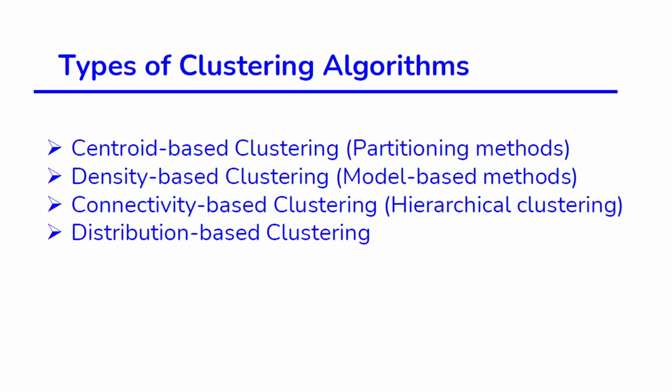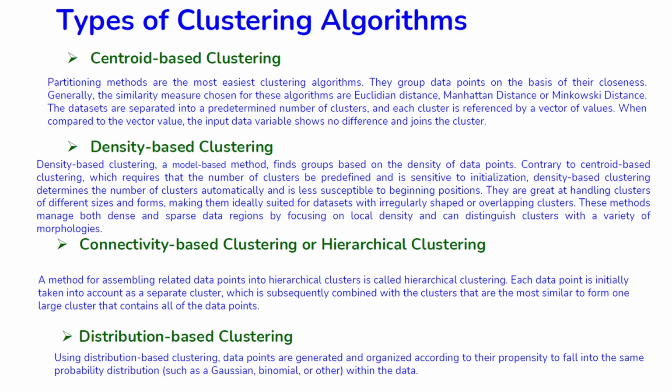As I told you, centroid based clustering are basically partitioning methods. You can also have density based clusters, where the number of points in a particular region can be defined as a density. You can also have connectivity, we will talk about it, or distribution like normal distribution, so binomial, Gaussian, other distributions.